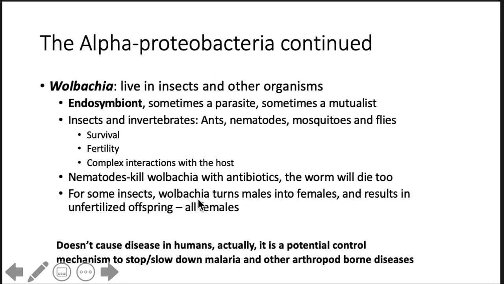And for some insects, the Wolbachia actually turns the males into females and results in unfertilized offspring, and you get all females. I don't know why that's the case. That doesn't seem beneficial, because eventually the females die, right? So yeah, it's very bizarre.